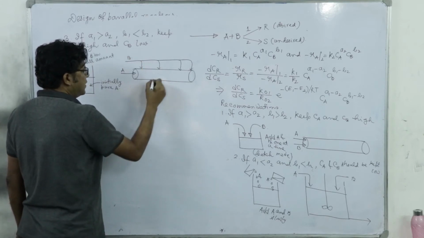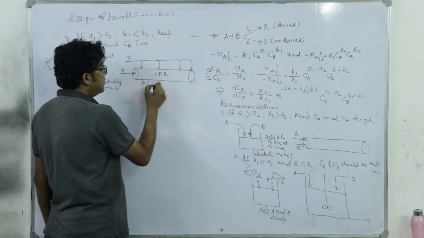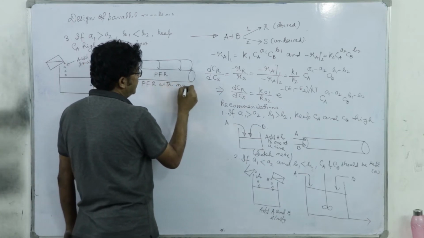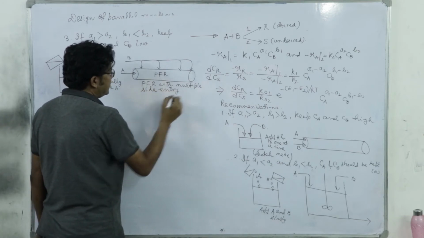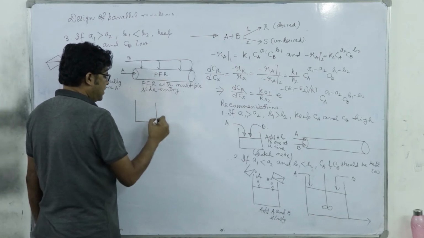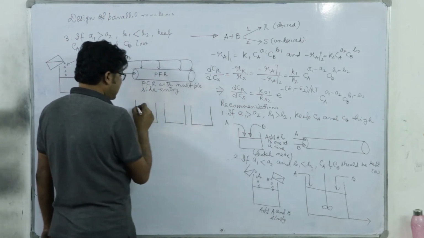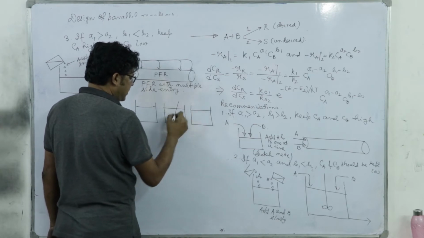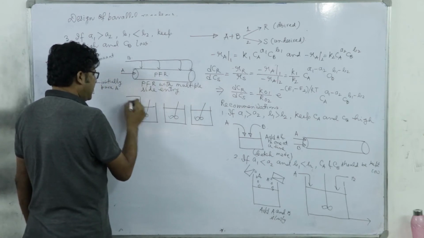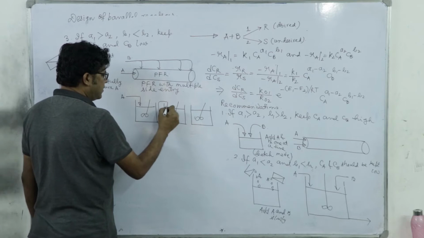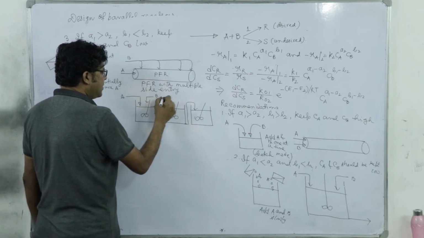So we can think of a single PFR with side entry, a PFR with multiple side entries. Alternatively, we can have multiple CSTRs, like here I am describing this CSTR cascade, and here we have A in high concentration, it goes to here, it goes to here, and in each we are adding B in small amounts.